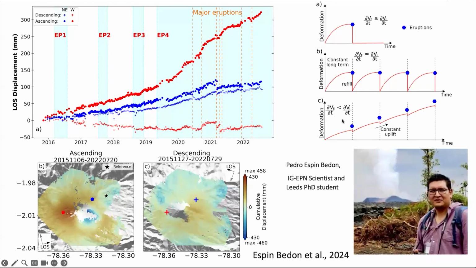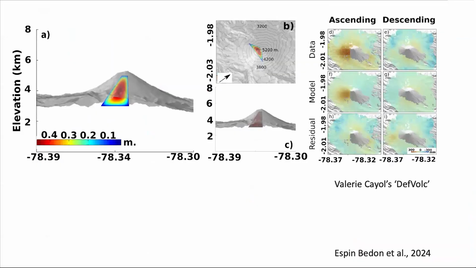You have a relatively constant, steady uplift rate through time, modified by small eruptions, and the eruptive flux is small relative to the flux that's intruded into the volcano. We modeled that using Valerie Cayol's DEF-VOLC approach, using boundary element modeling, so that we could do justice to the topography of Sangay, which makes taking a simpler approach, with simplifications of topography, less reliable.